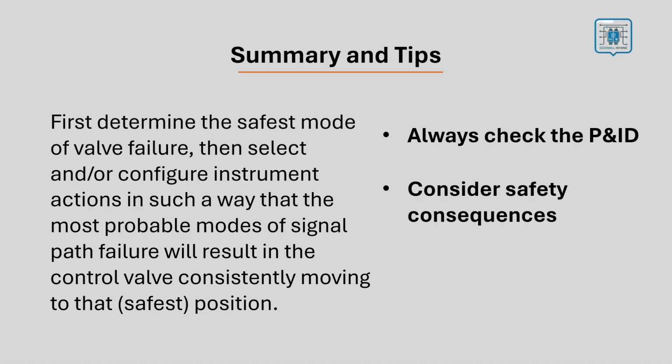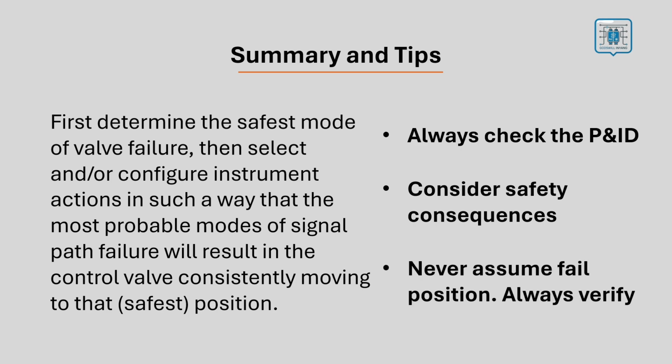Determine what the safest valve position is for your process, and make sure your instrumentation is configured in the event of a failure so that the valve automatically moves to that safe position. This consistent approach protects equipment, personnel, and the process itself.